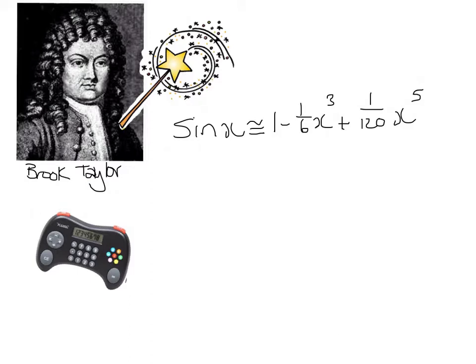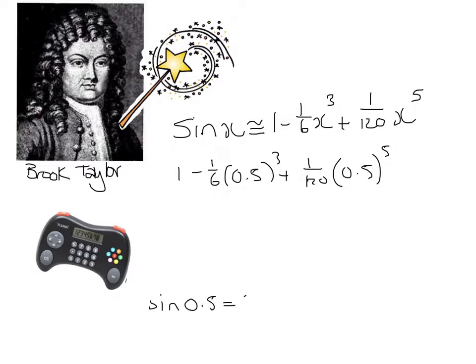So we put our 0.5 in and we calculate 0.5 minus a sixth times 0.5 cubed plus 1 over 120, 0.5 to the 5, and we're hoping to get something like the true value of sine of 0.5, which is 0.47942553886.